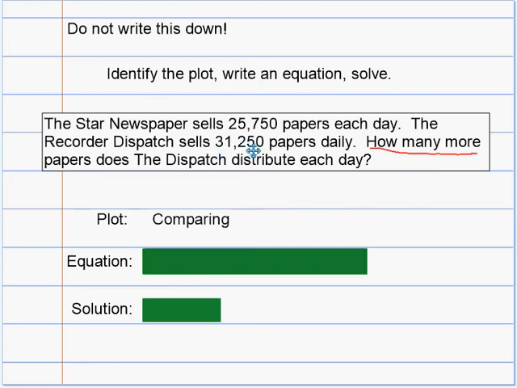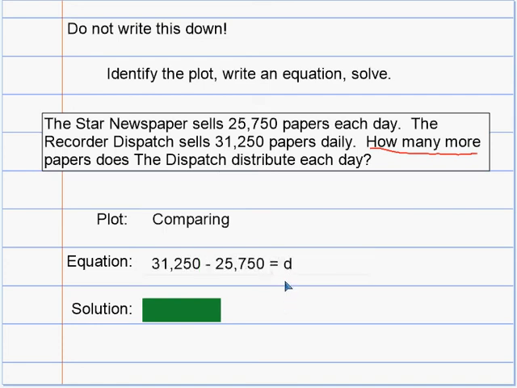What is the greater amount? So 31,250 minus the lesser amount, 25,750, will equal your variable. And in this one I have D. I could have had P if I wanted to do papers. And then to solve, you just subtract, and you get 5,500, and that should be labeled. It should say papers there.